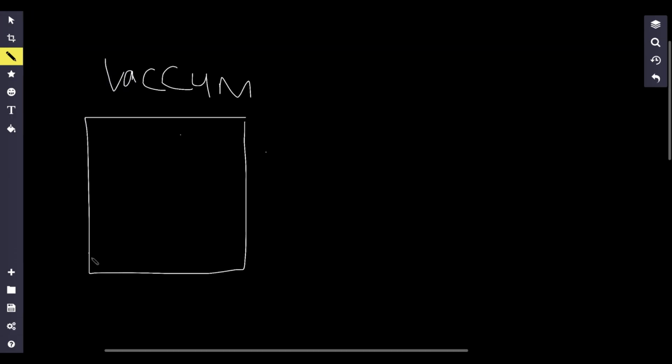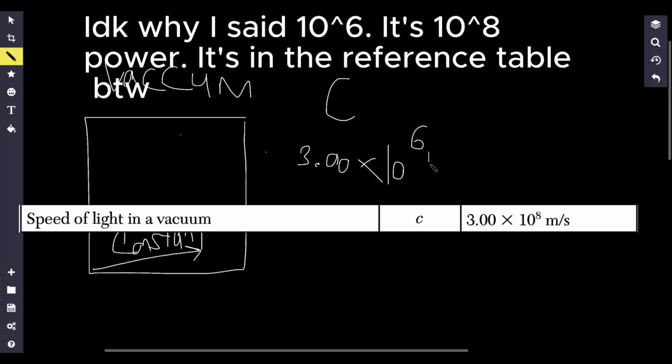Now let's say in this vacuum, I put this light inside the vacuum, and I track how fast it moves. It turns out that light in a vacuum moves at a constant speed, which is the speed of light, and it's about 3.00 times 10 to the 6 meters per second.